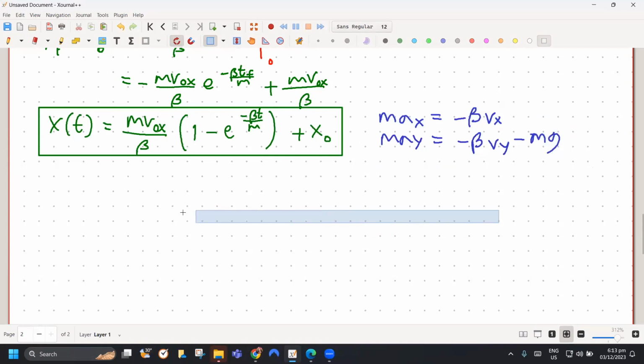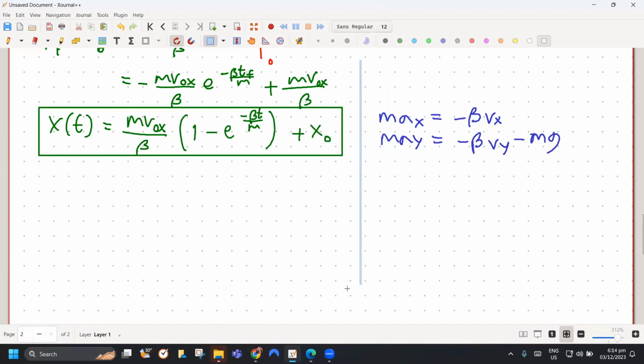So, the solution. Our initial conditions are x evaluated at 0 is x sub 0, vx at 0 is v sub x0, y of 0 is y sub 0, vy at 0 is vy0.